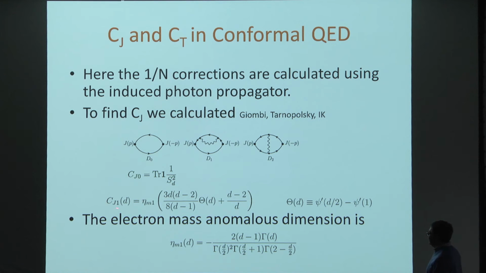And here things start looking more transcendental even for CJ1. There are derivatives of psi functions appearing. But again, there is a mass anomalous dimension that multiplies this whole leading correction. And again, the 4 minus epsilon expansion for QED is a great tool to compare and make sure that it actually works.